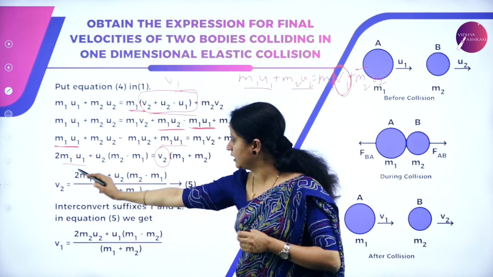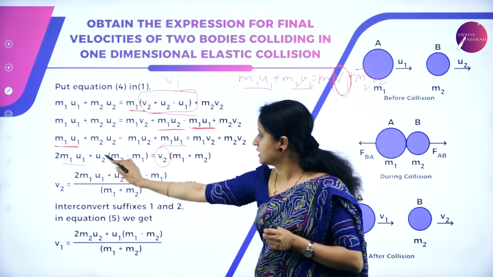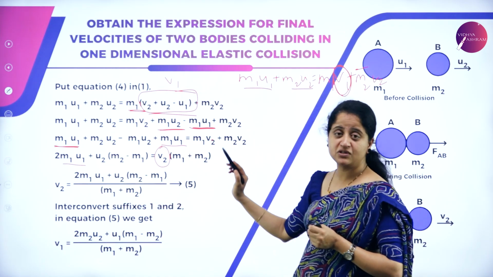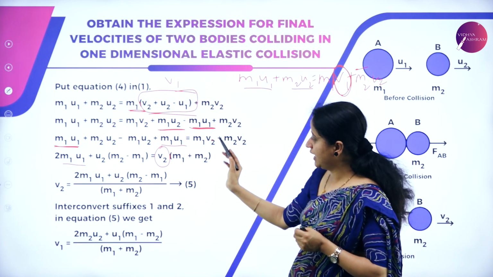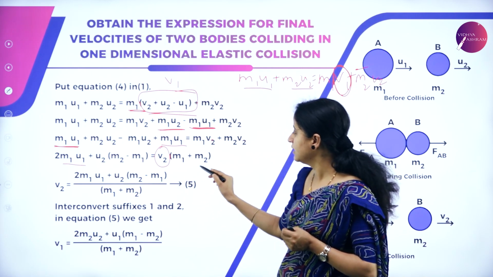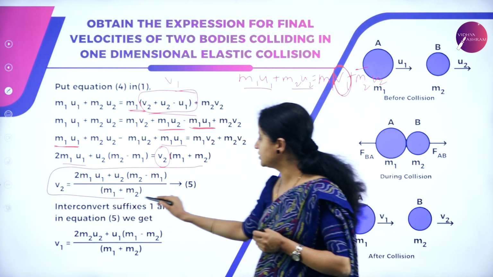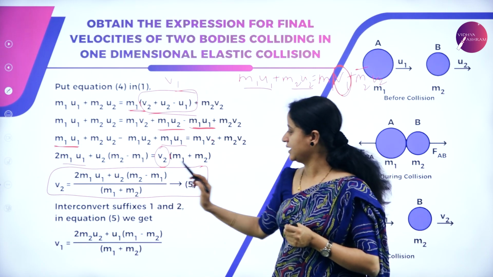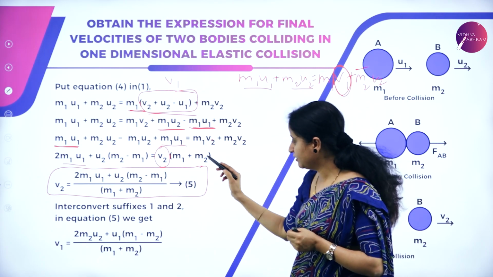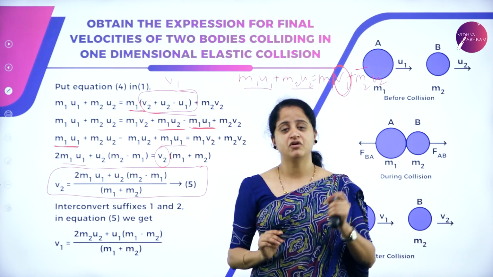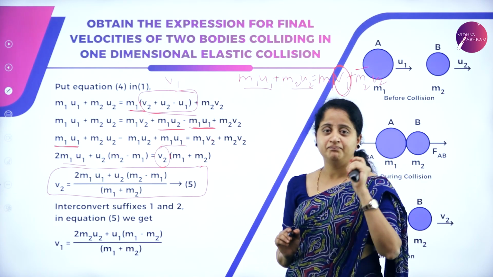So v2 is equal to 2m1 u1 plus u2 into (m2 minus m1). Here (m1 plus m2) is multiplied with v2, and when you transpose to the other side it will come to the denominator, and hence we get v2 is equal to [2m1 u1 plus u2 into (m2 minus m1)] divided by (m1 plus m2). This is my equation 5, which means the expression for the final velocity of body B.